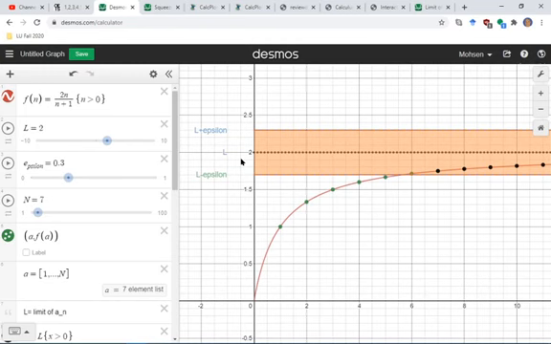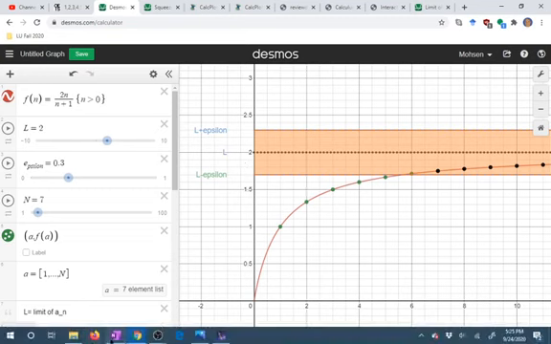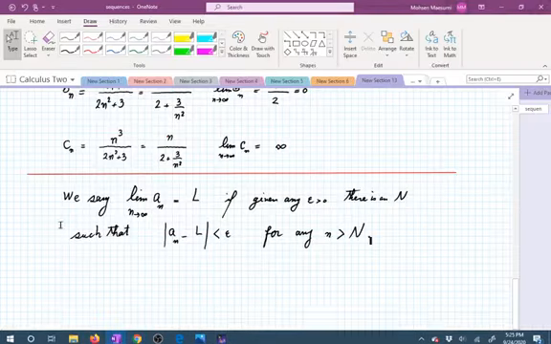Sometimes, especially in an introductory class, they say as the function or as the sequence comes closer and closer to 2. That manner of trying to simplify the definition of limit is not really correct. It causes some problems. I'm going to explain to you what that problem is. What is the true definition? The true definition is exactly what we wrote here. There is no way of simplifying this.